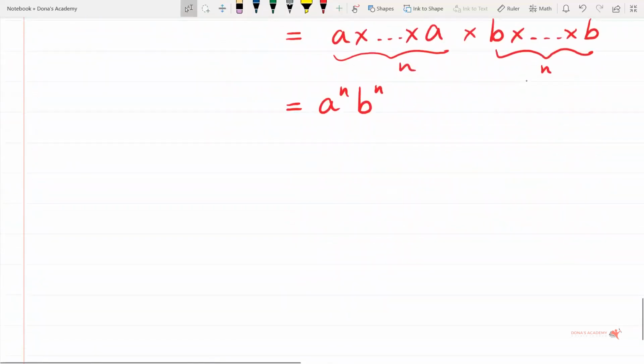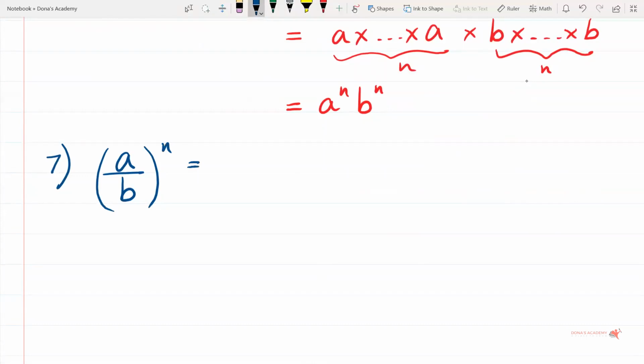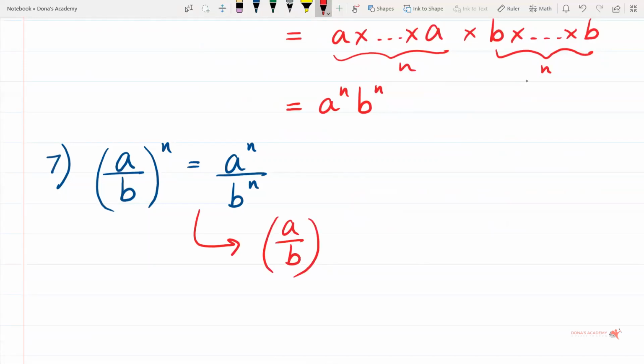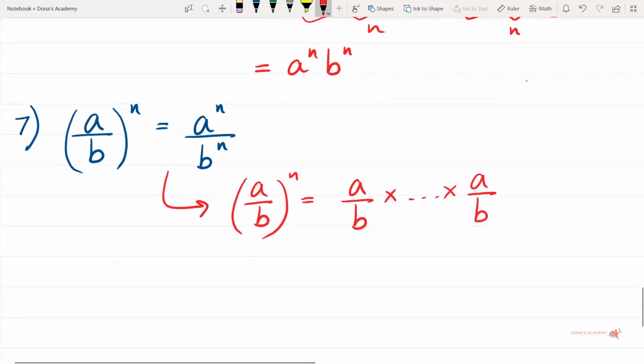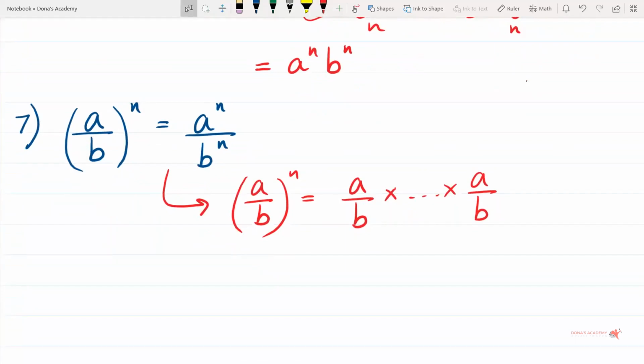Okay, next one, number 7, the division. a divided by b to the power n is the same as a to the power n divided by b to the power n. Again, let's see why. This can be expanded as a divided by b multiplied by itself n times.